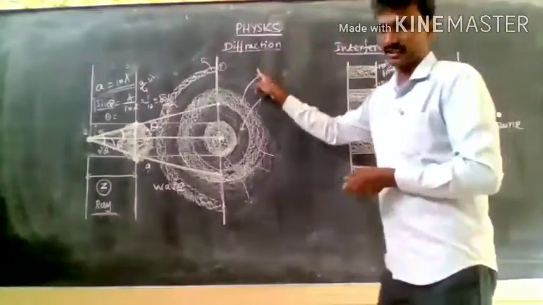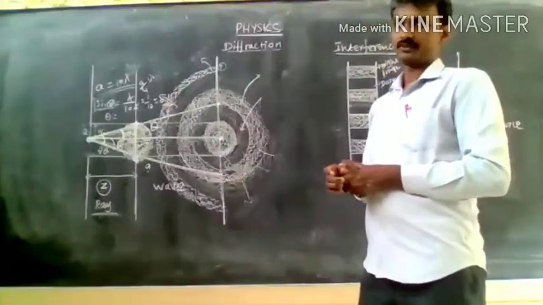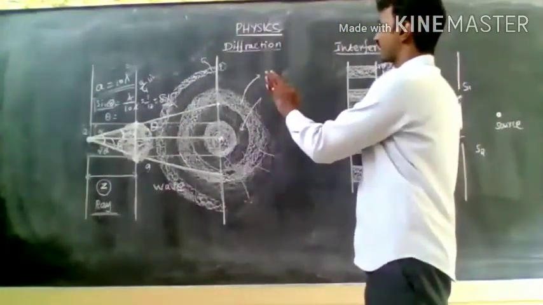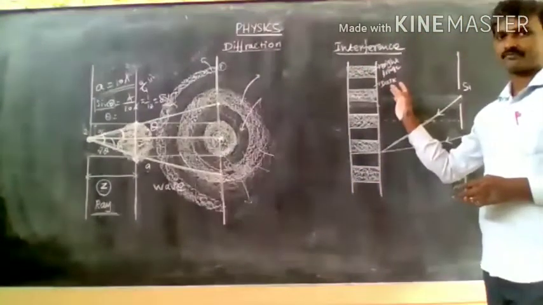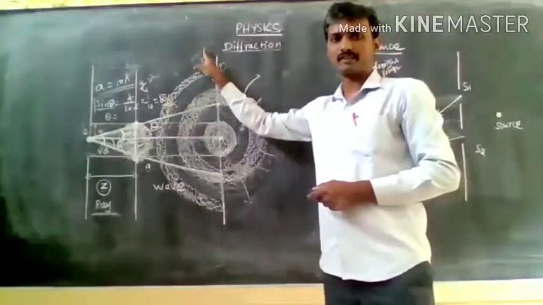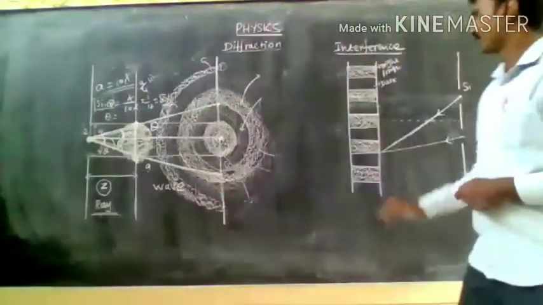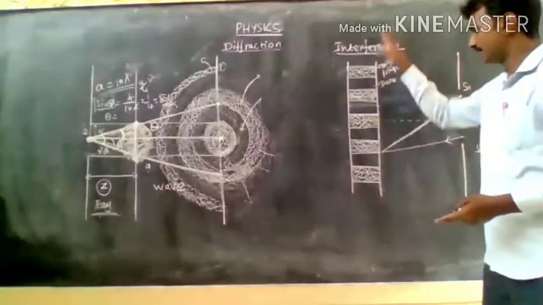But in diffraction, bending of light rays plays the major role. So in order to get fringes on the screen, in diffraction, bending of a beam of light produces fringes, but in interference, superposition of two waves produces the fringes.